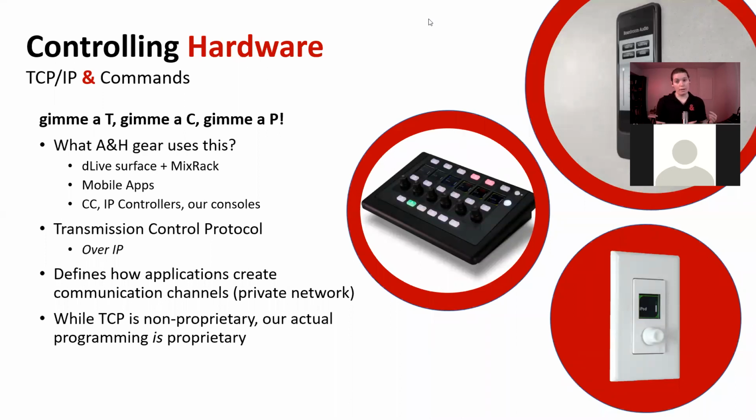Like that is the whole console, really. You can not use the surface at all and use the mix rack and have a full D-Live system for that exact purpose. Our mobile apps use TCP/IP, custom control, the IP controllers, all of our consoles are using TCP/IP in some way or another.